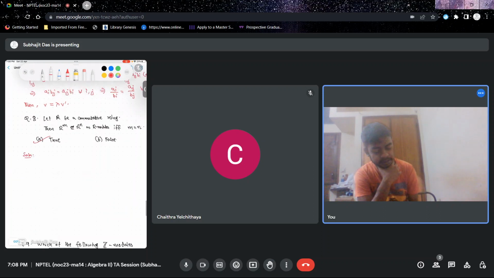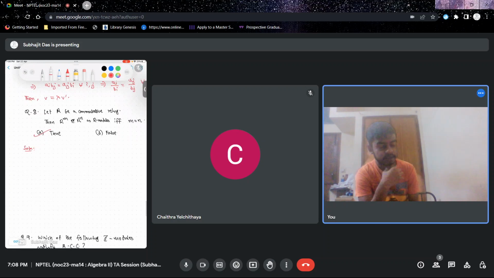Zorn's lemma was actually given by someone called Zermelo. In the ZFC axioms in set theory, Z is for Zermelo, F is for Fraenkel, and C is for the axiom of choice. So Zorn's lemma was actually stated by Zermelo initially, but it was proved by Max Zorn. That is why we call it Zorn's lemma, even though we shouldn't.